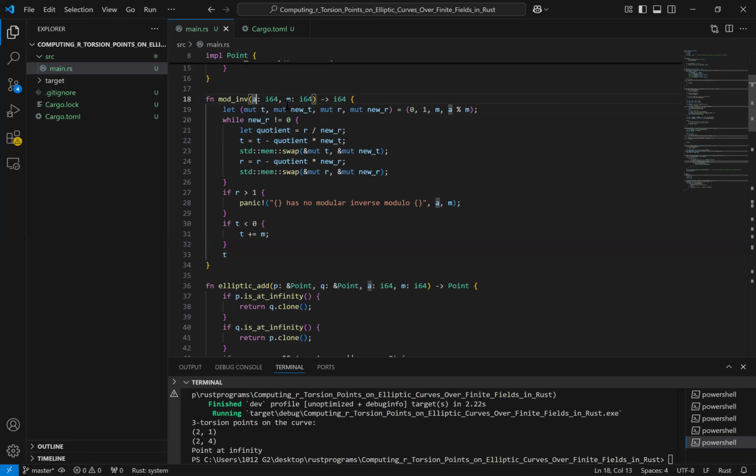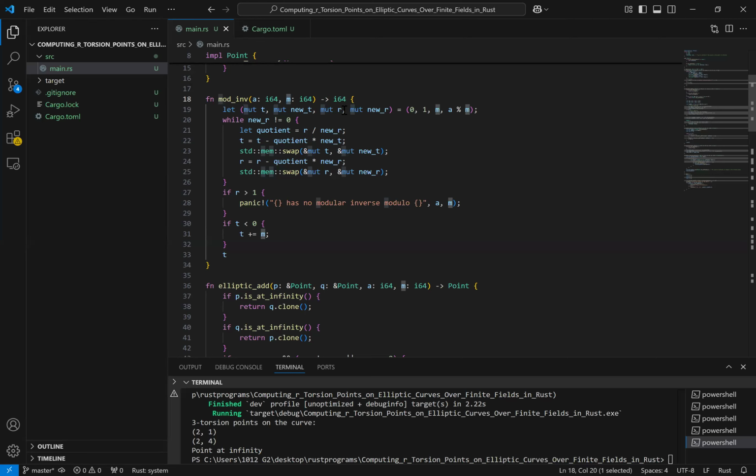This is a and m. The inverse of a is a number which, when multiplied by a, gives us identity 1. But in this case, we are using the mod inverse.